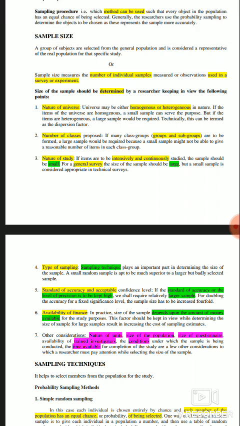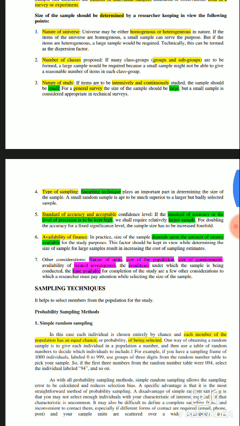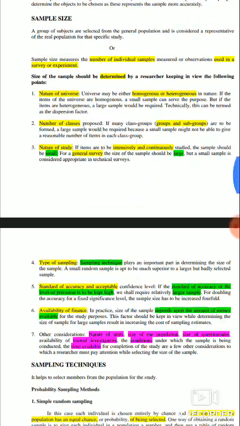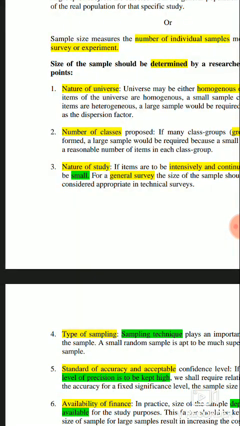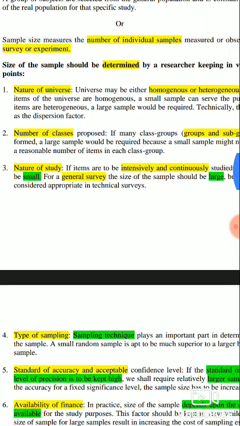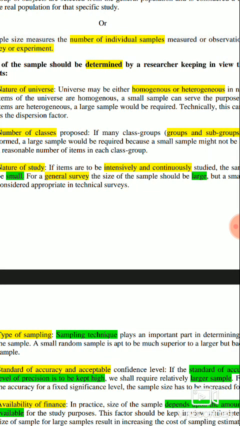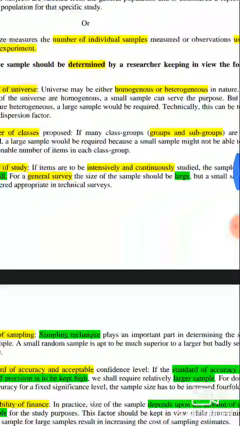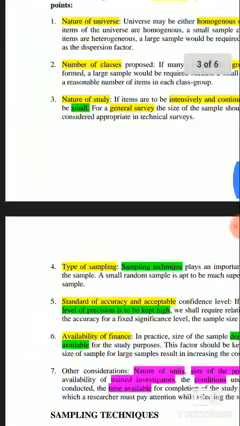This sample size is determined by many factors that we will see one by one briefly. First is the nature of the universe, that means the nature of the population. If the population is homogeneous, we can take fewer samples, or otherwise if it is heterogeneous, we go for more samples for our study.